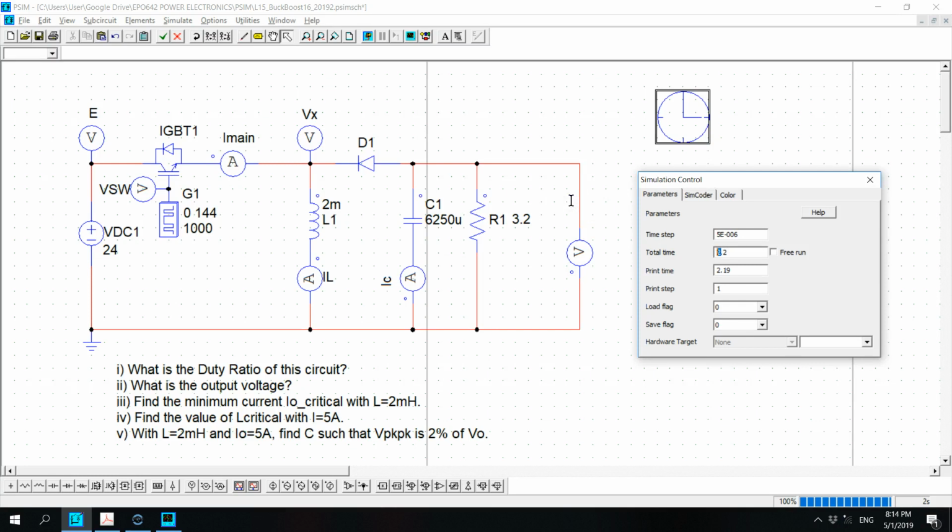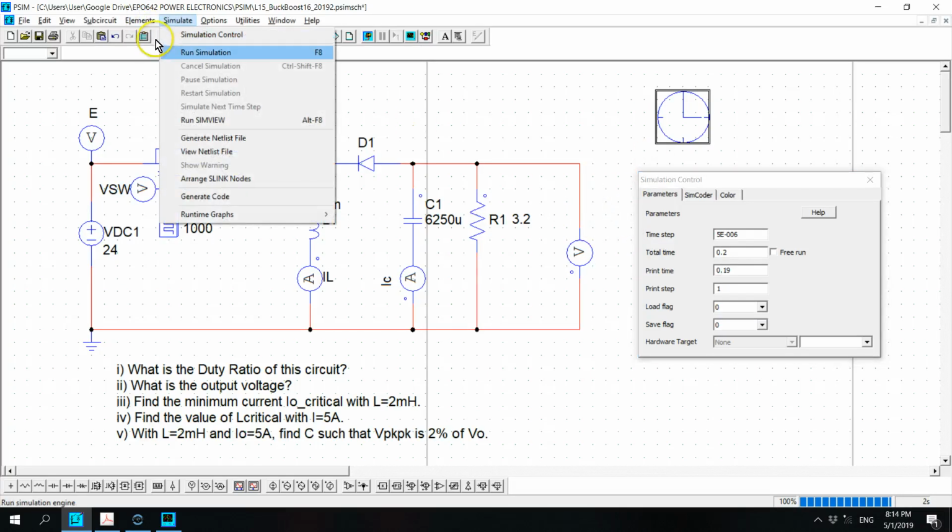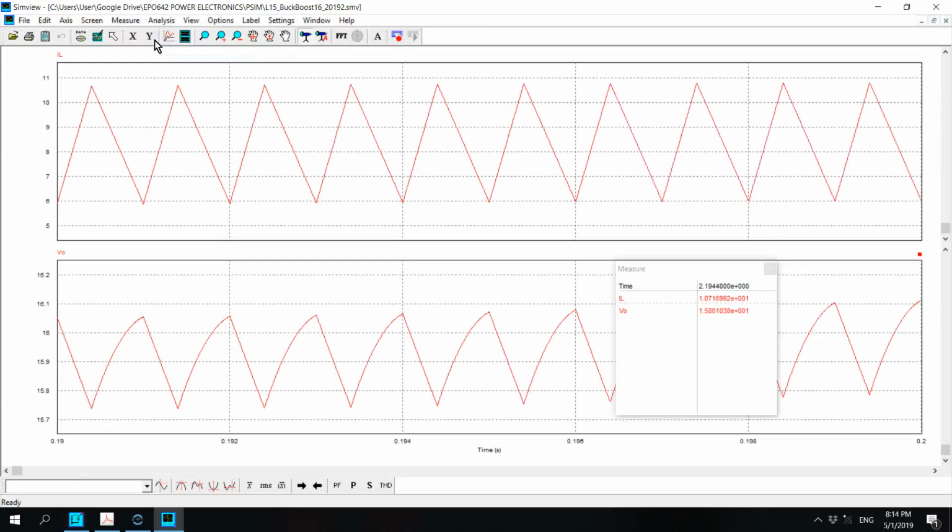for example 0.2, I'm going to reduce to 0.19 seconds. Let's simulate that and look at the waveform, whether it gets to steady state or not. Right? Look at that. If you look carefully, you can see that the inductor current here, this cycle is not the same as the following cycle, isn't it?